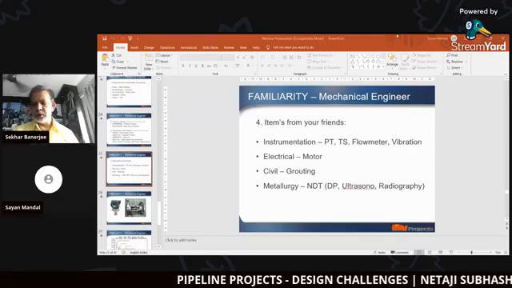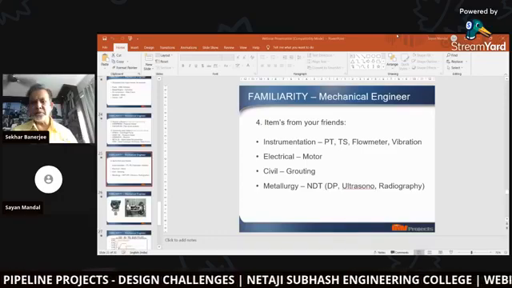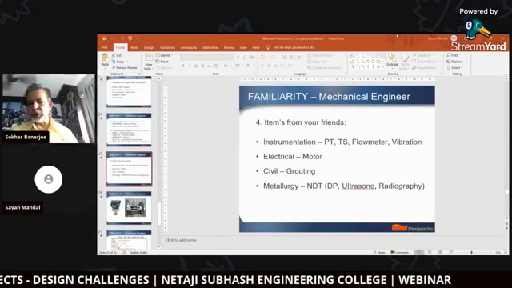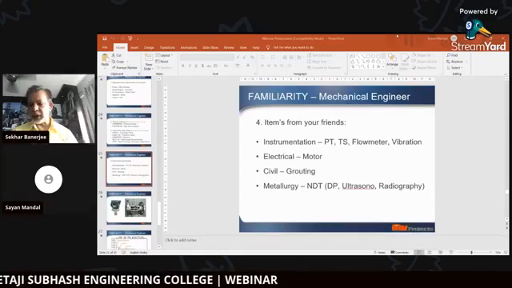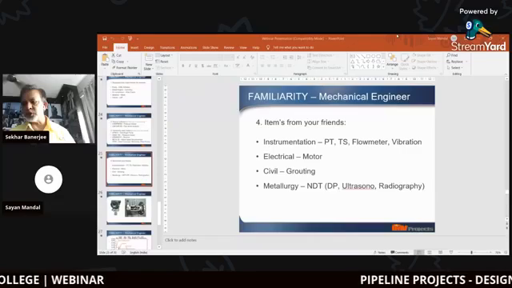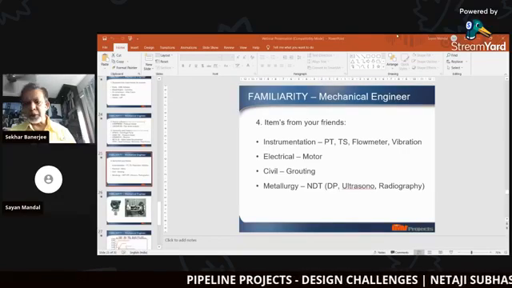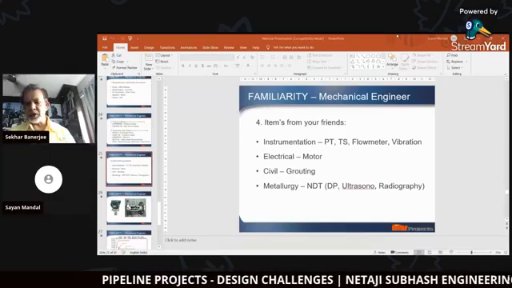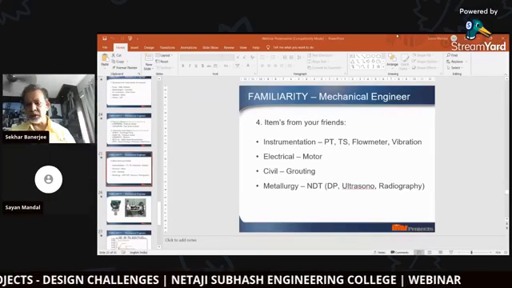Then when it comes, who will do the grouting? The civil engineer will probably engage some people to do the casting, etc. The casting is sitting there. After the grouting, you have to check that it is absorbing the whole of its vibration, right? And if the pump somehow malfunctions or has a leakage, you have to do the NDT.